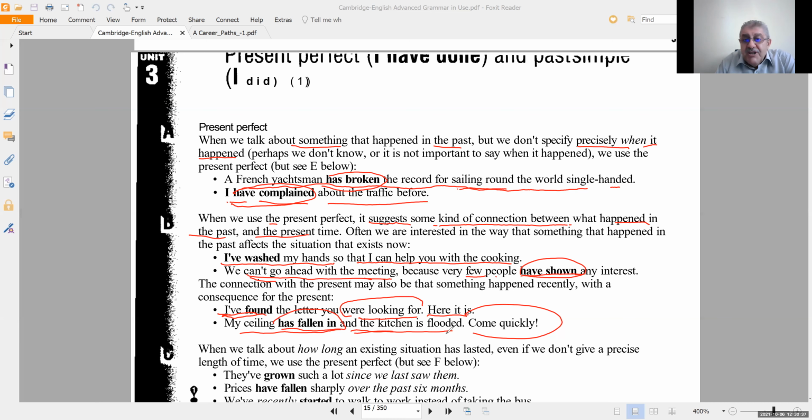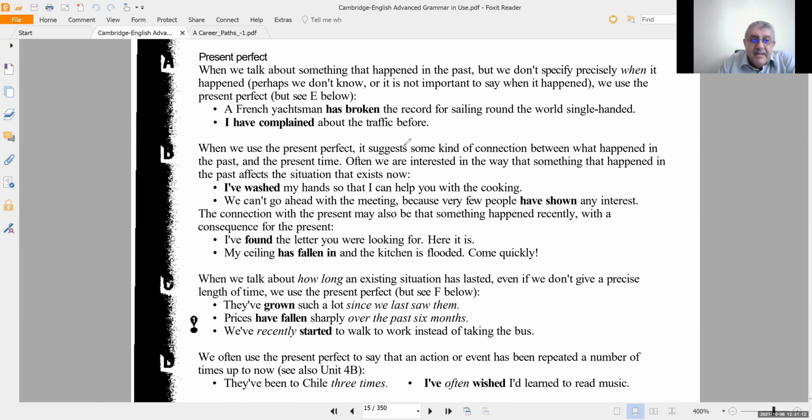And the kitchen is flooded. والمطبخ غرقان في المية. إذا is flooded و has fallen in للتأكيد على الحدث. أوكي، بعدين مرات هناك شيء وقع لفترة طويلة واستمر هذا الحدث، لكن لا نعلم بالضبط كم استمر. يعني حدث أو فعل معين يفعله الناس يستمر لفترة لا بأس بها.